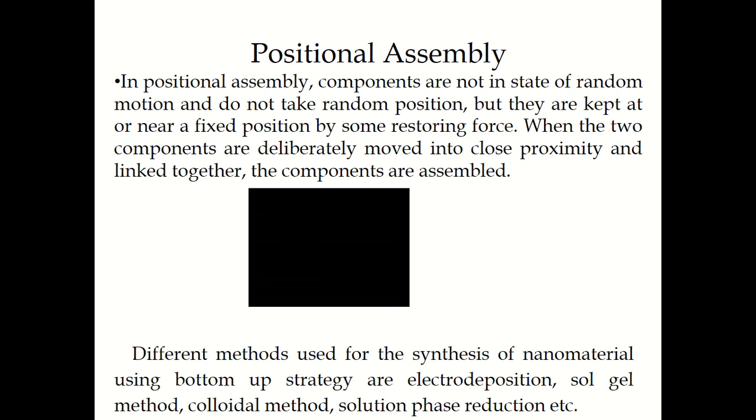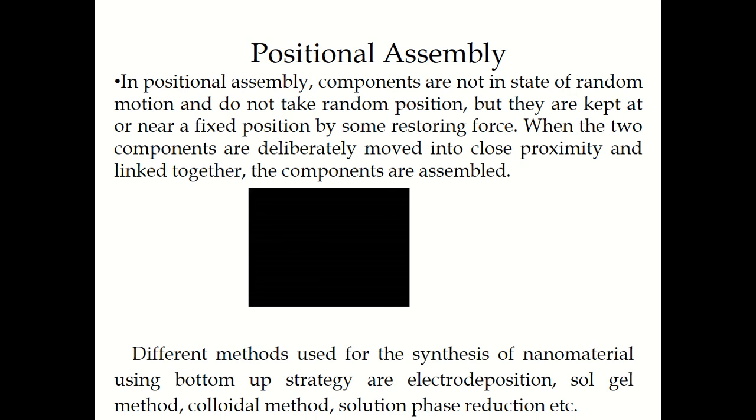But if we don't have a large number of robotic arms, then we can follow convergent assembly. In convergent assembly, with the help of a smaller number of robotic arms, you can arrange a few atoms or molecules to form small components or small parts.